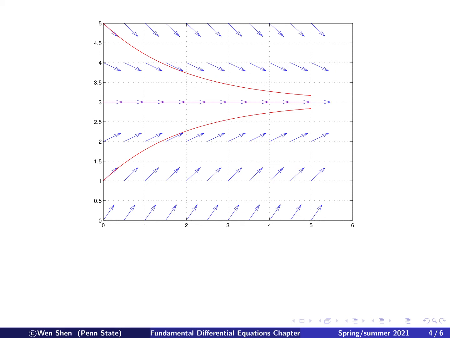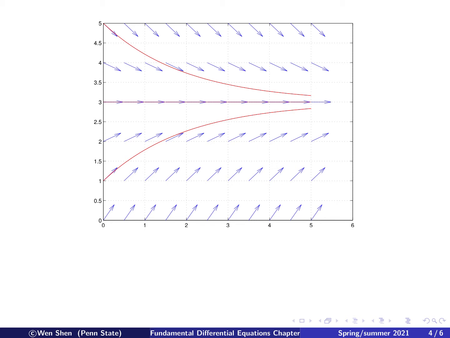Okay, now consider the case y less than 3. Take, for example, y equals 2. Then we know from the discussion all the arrows will point upward, will have positive slope, and they're all the same along this horizontal line for y equals 2. And they are not very big. So I am talking qualitatively here.